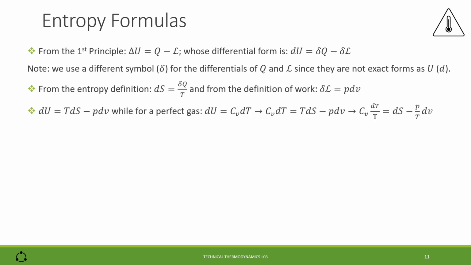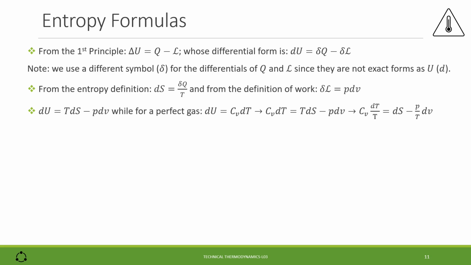Also dU equals T dS minus P dV, while for a perfect gas, dU equals Cv dT. Therefore, Cv dT equals T dS minus P dV.